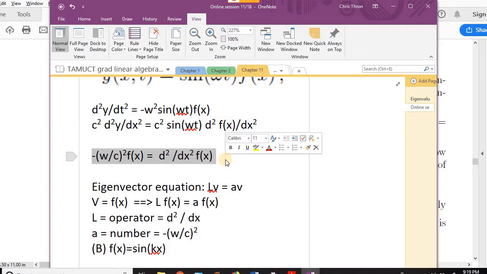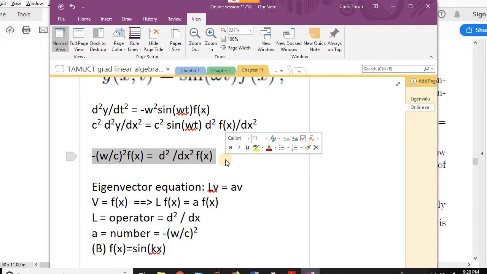Well, what equation do you actually get when you put in f of x equals sine of kx? Let me write it down: k squared sine of kx.